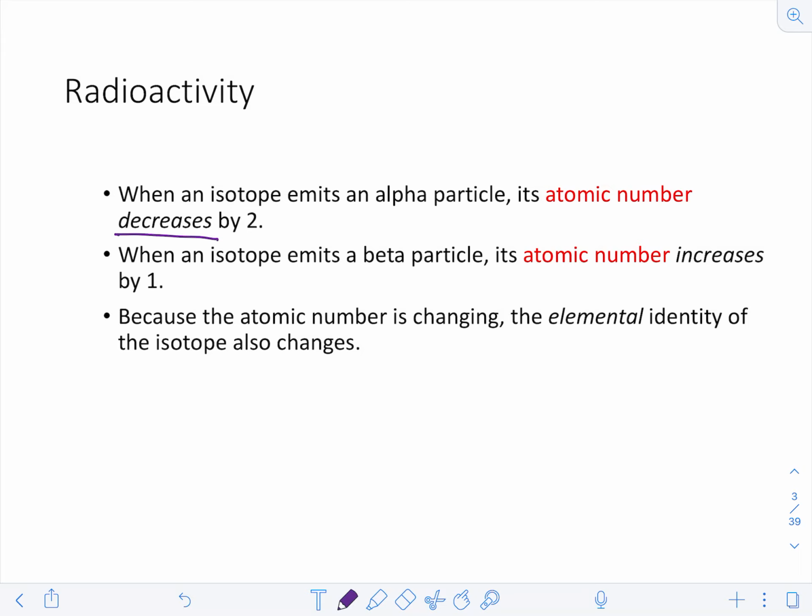The opposite happens with an isotope that sheds a beta particle. It actually increases its atomic number. I know it probably seems strange, but when you see the actual reactions, it'll make sense. The most important thing to remember is that these isotopes actually become different elements when they release these particles, and that's something we need to keep in mind.